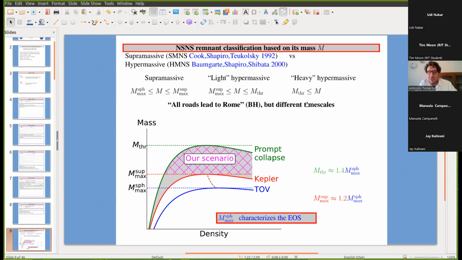Yeah, I have to check the plots. Also, it depends on when you insert the magnetic field, because in all these cases you insert the magnetic field by hand.